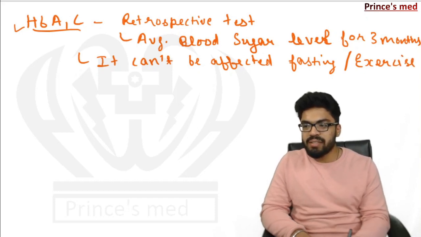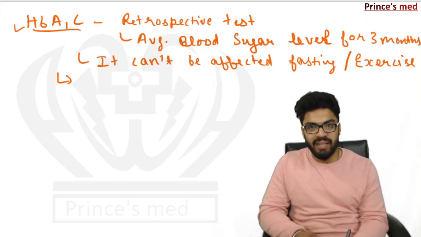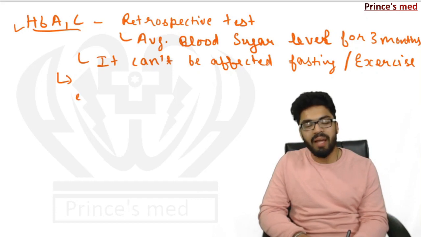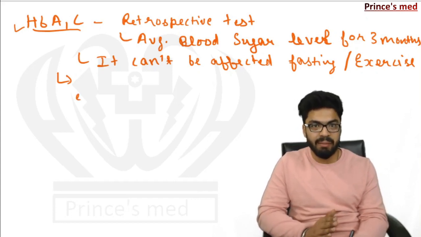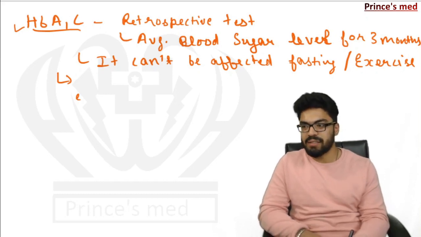How can it give us the value of average blood sugar? We calculate it by multiplying 25 with the HbA1c percent.